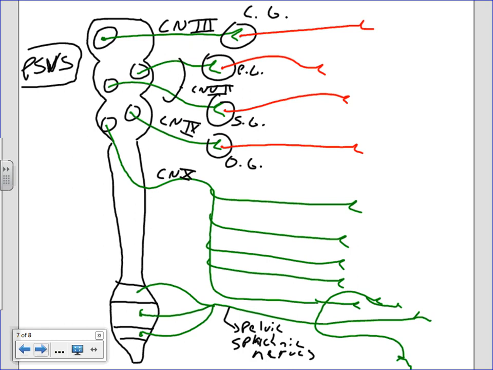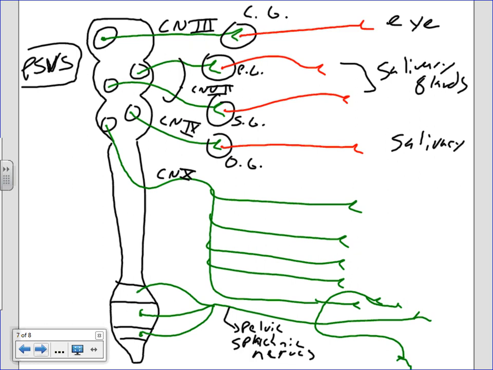Essentially, the parasympathetic innervation to the eyeball comes from cranial nerve number 3. Then there's the innervation of salivary glands, again cranial nerve number 7, and more salivary glands. I'm not going to go into the specifics here. You guys can take a look at that in your reading.